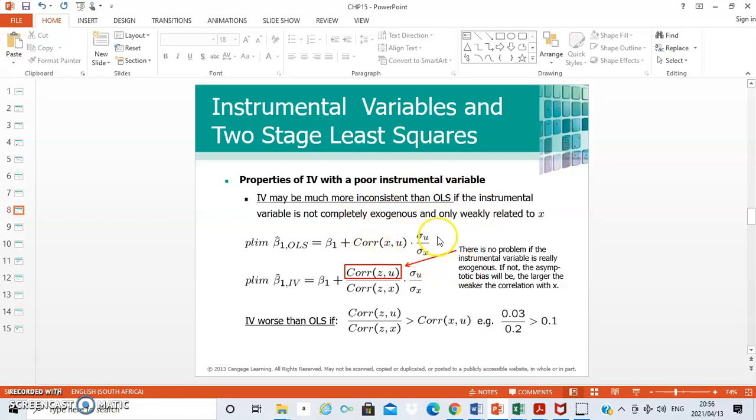That's why sometimes it's best to use the OLS estimation as opposed to instrumental variables, because instrumental variables might actually be worse.